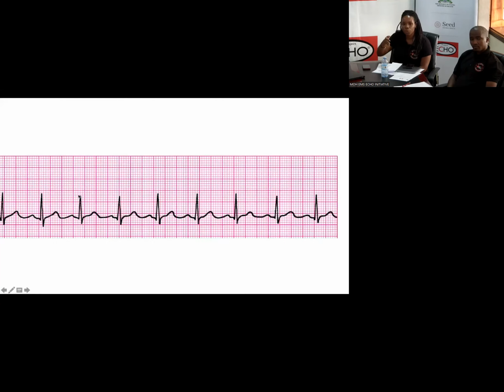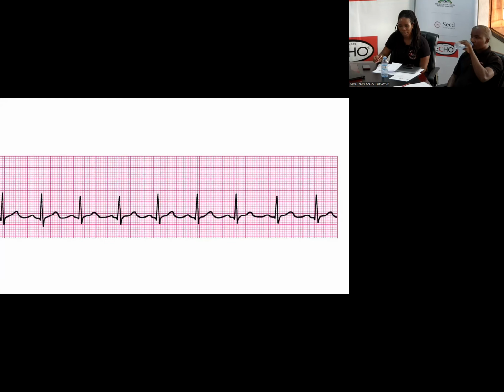You divide 300 by that number and it gives you a quick overview of what your heart rate should be.